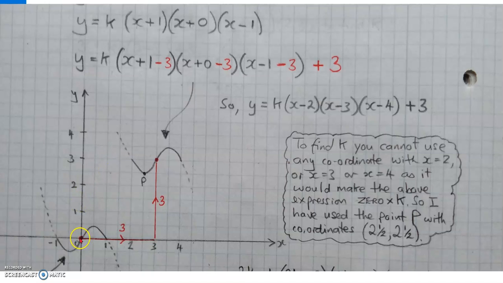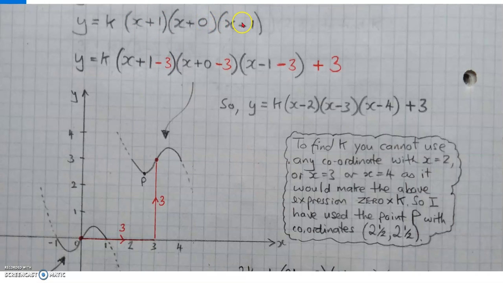However, this cubic here has been moved 3 units in the positive x direction and then 3 units up. Well, if it's going to be moved 3 units in the positive x direction, it means that in every single one of these brackets there's going to be a minus 3.